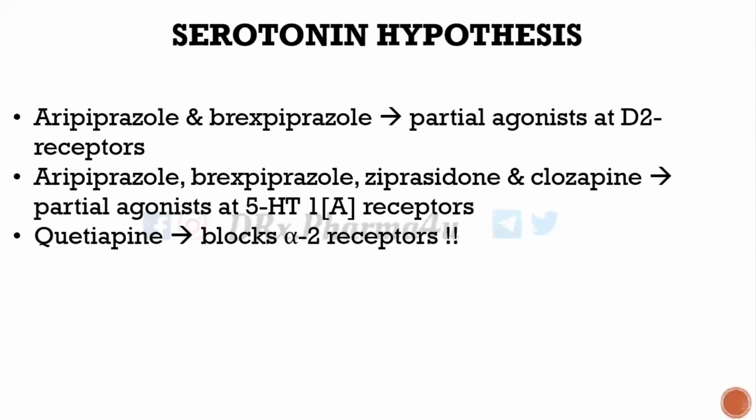Like, for example, if somebody asks you, what is the mechanism of action of antipsychotic? You will say that it blocks dopamine, it blocks serotonin. But we don't know what are the side effects that can happen when dopamine is blocked and serotonin is blocked. So that is called receptor pharmacology. So first of all, you should understand which are the different receptors in our body, what are their functions.